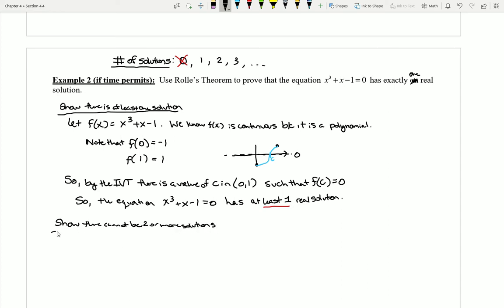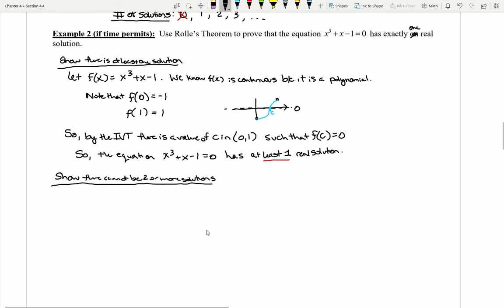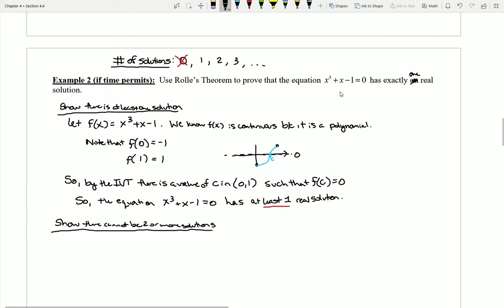This is going to be our next task, and this is where Rolle's theorem is really going to come into play. So I know that this equation either has 2 or more solutions, like 2, 3, 4, 5, 6, and on, or it only has 1. So let's suppose that it actually has 2 or more solutions.